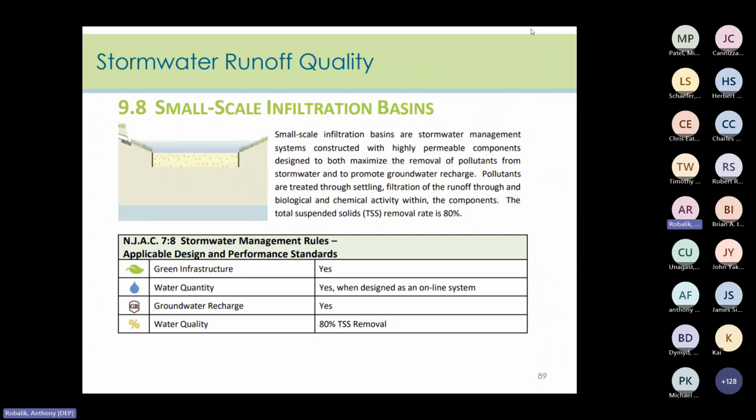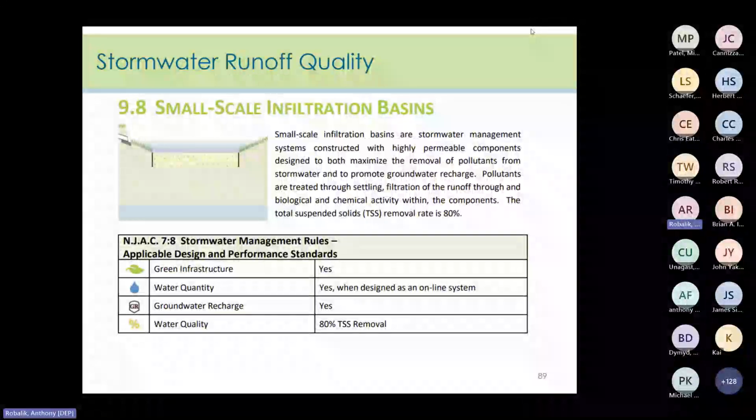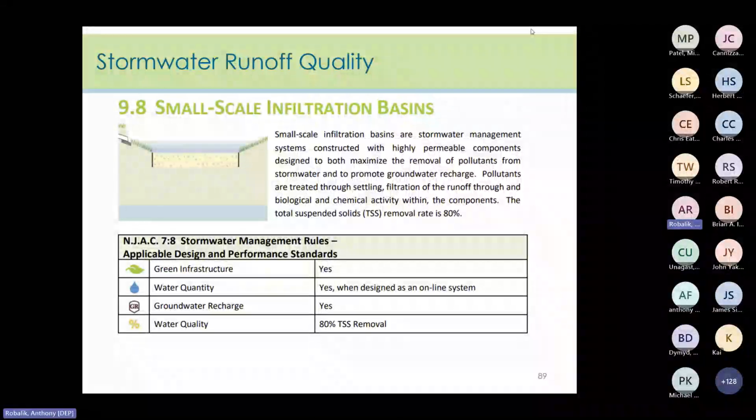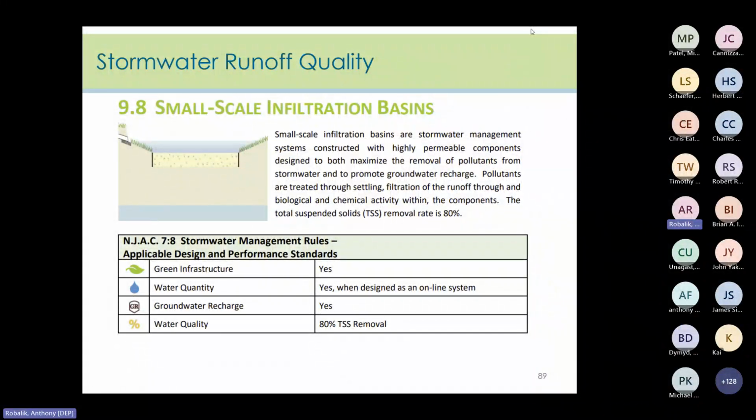And as mentioned previously in Module 1, the green leaf here denotes if a particular BMP meets the definition of green infrastructure, and any design type that does not qualify for this use will be noted here. If there's a TSS rating noted across from the gold % sign, that means that the BMP is rated for the TSS removal rate if all of the design criteria are met, and that's including there being a maintenance plan.